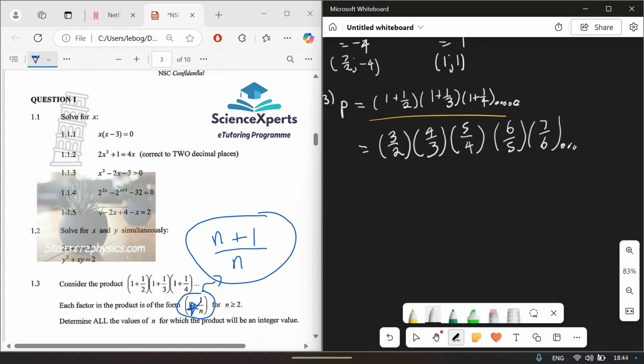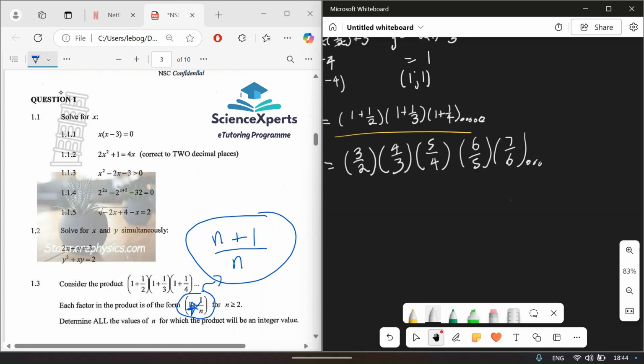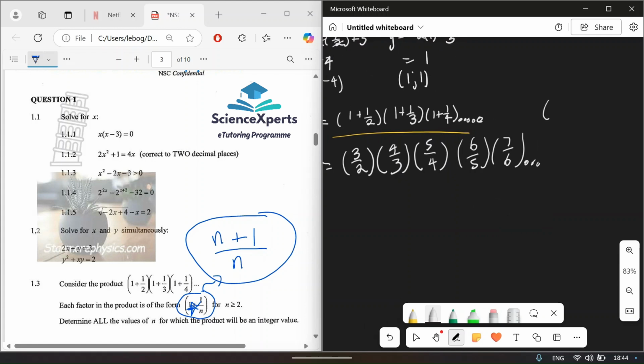The position of the last term is n, so we can call it n. So the last term will be n plus 1 over n. What will the term before the last term be? It is one position less.